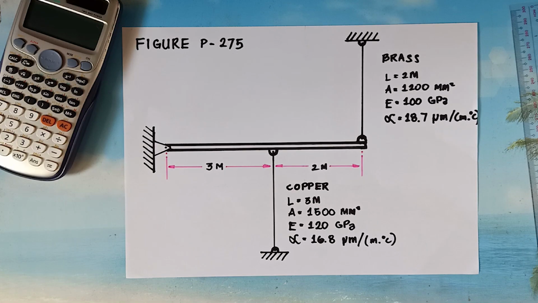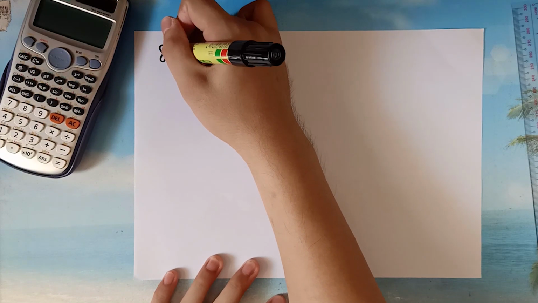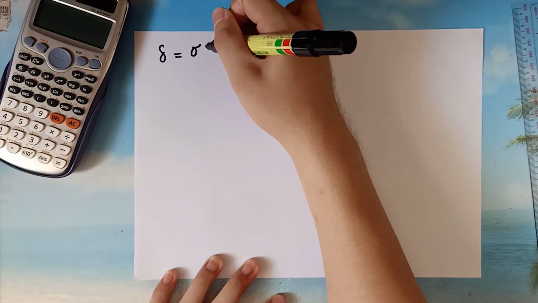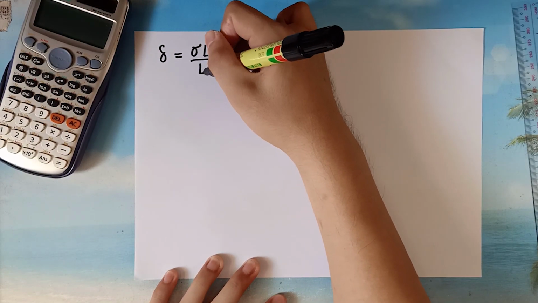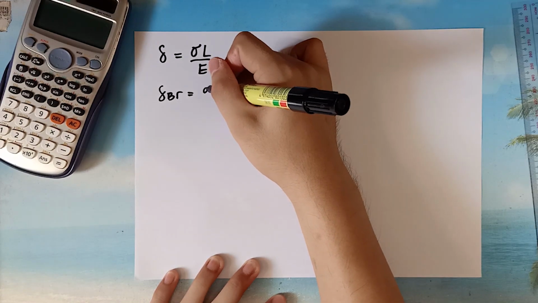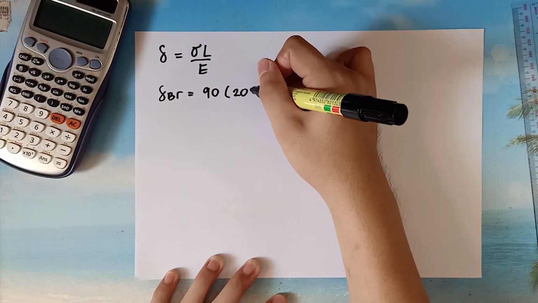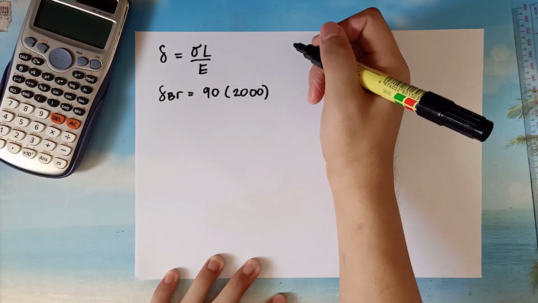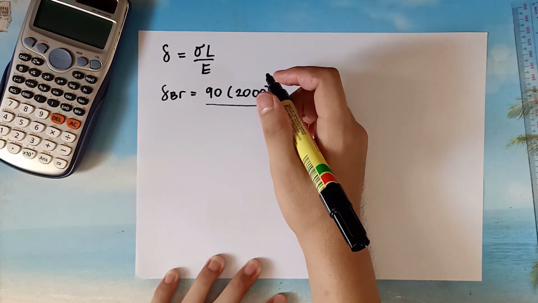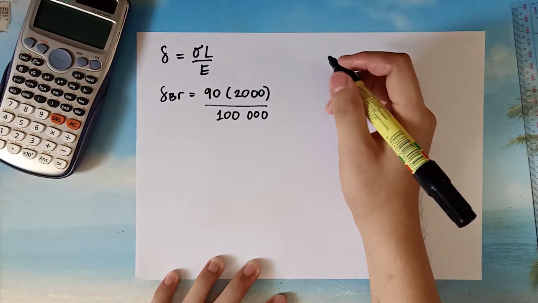Looking back at the given, now we are going to solve for the strains in each of the rods. The formula for the elongation is tensile stress times length over the modulus of elasticity. For the brass rod, we substitute the values that we looked up on the other slide.